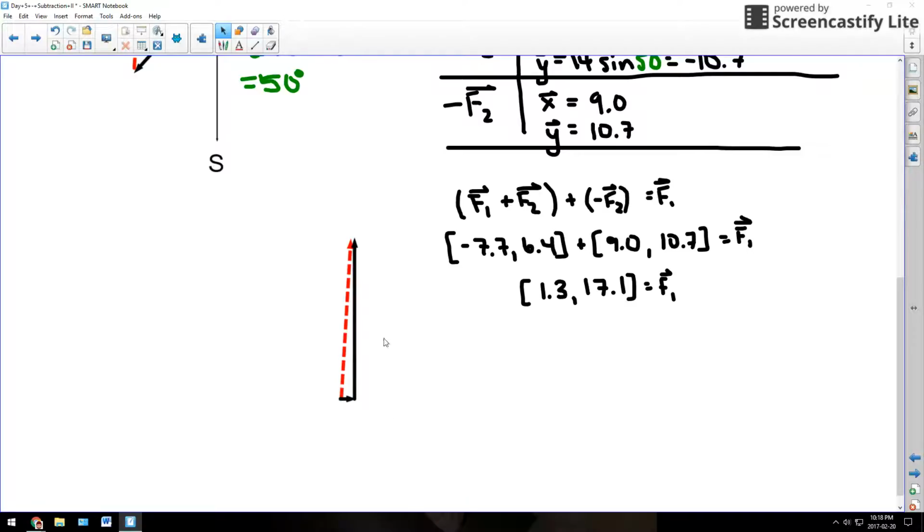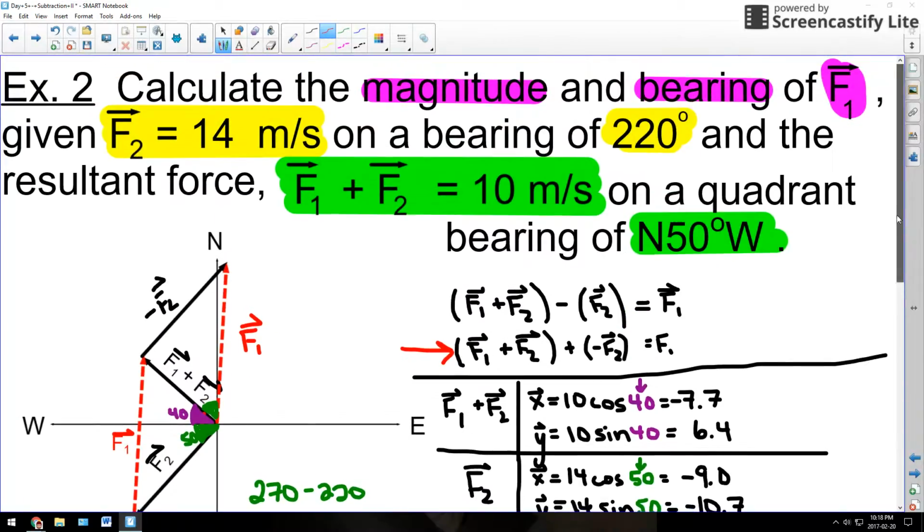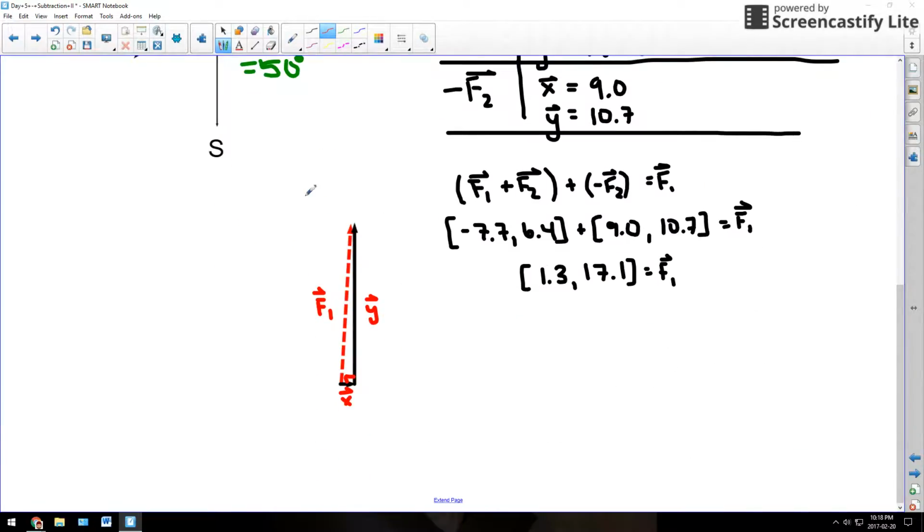So just to label some things here, this is our f1 vector, this is our y bar, and this is our x bar. If we're finding the magnitude and the direction, which we want the bearing for, we can do this pretty easily now that we have a 90-degree triangle question. So let's start with the magnitude of f1.